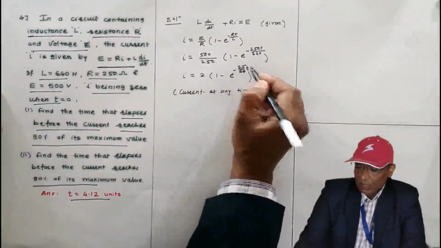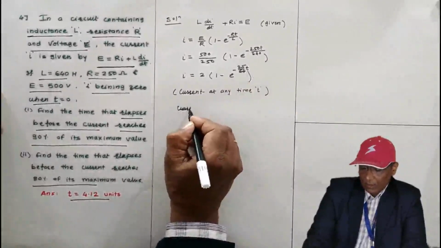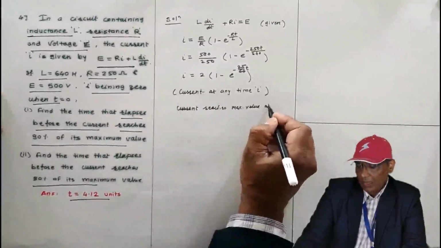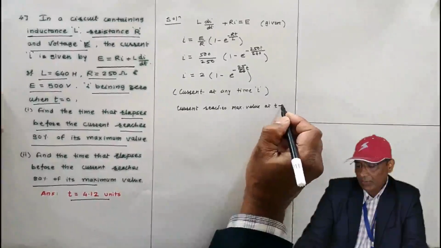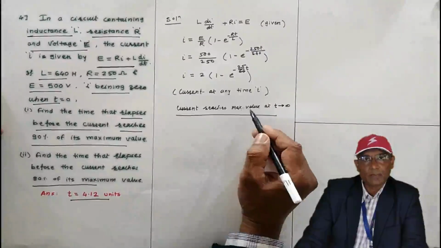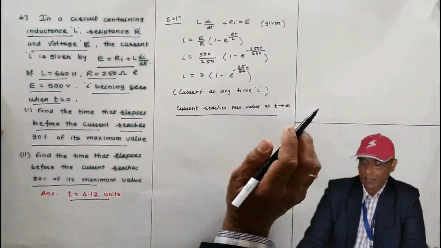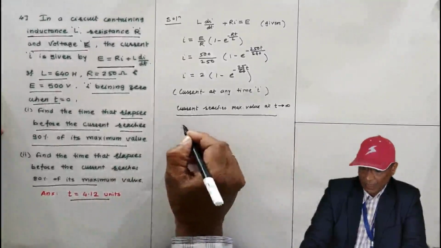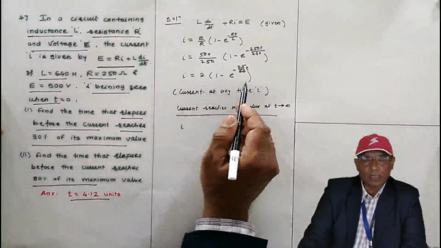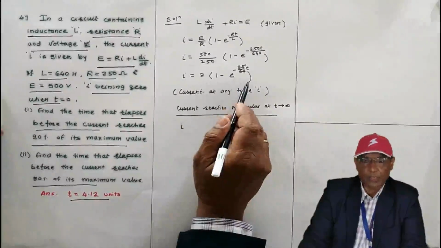Current reaches the maximum value at t equal to infinity, t tends to infinity. So if you want maximum current, t should be equal to infinity, that you have to keep in mind.